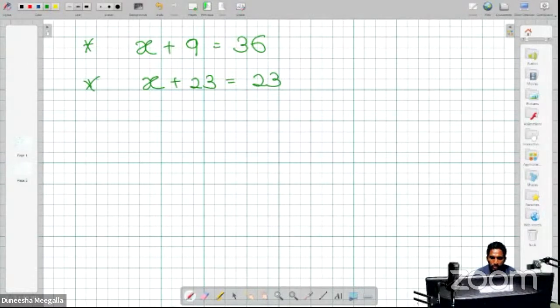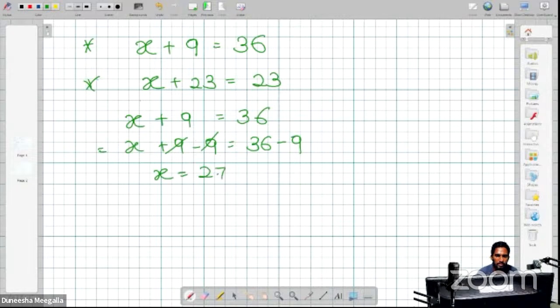Okay, I will do it. Now we have to make x the subject. x plus 9 minus 9 equal to 36 minus 9. x is equal to 27. x plus 23 equal to 23.